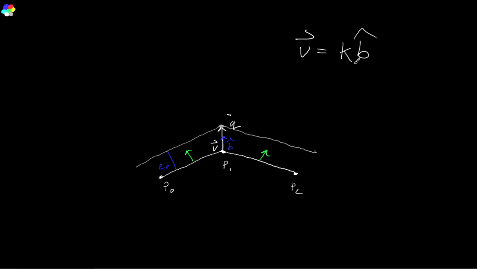Now, what do we know about k times b hat? Well, we know that k times b hat dot, we'll just call this one n sub 0 hat.